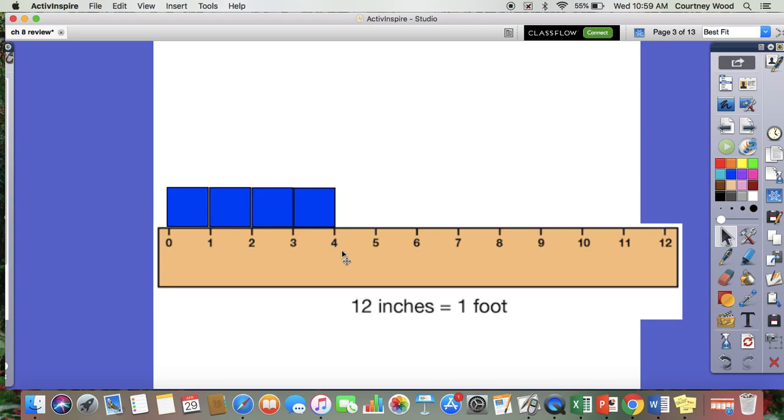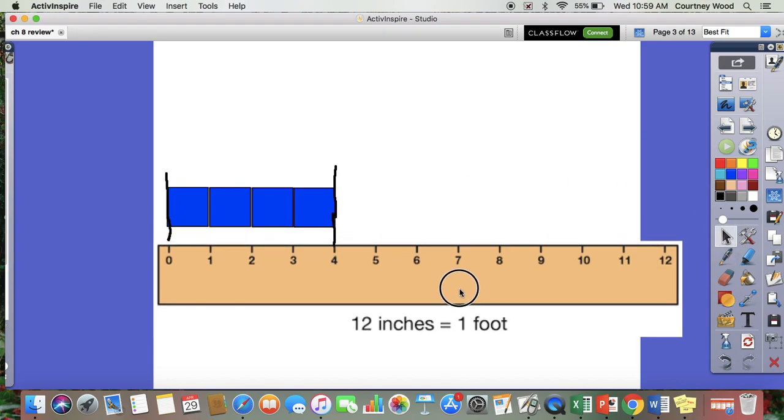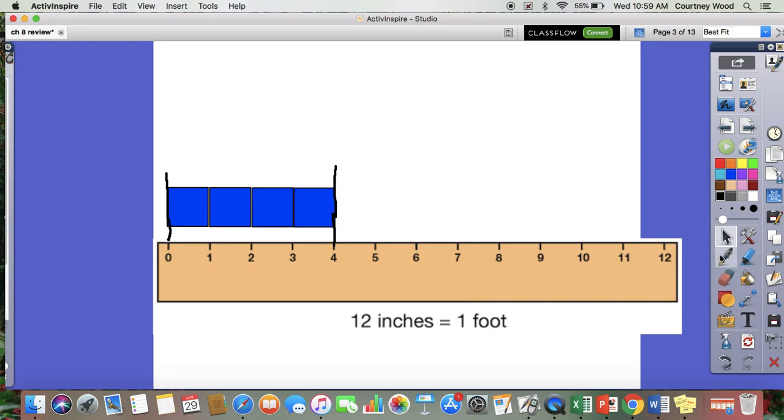And about how many inches long is this cube train? So what I can do is draw a line from beginning to end.